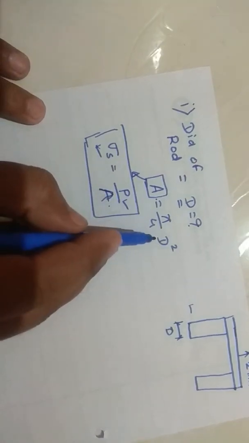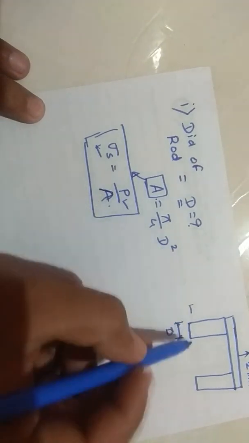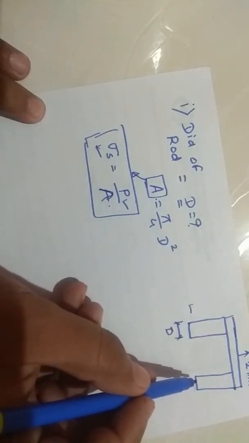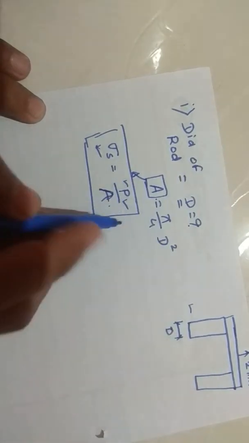Here we are going to find D, that is diameter for each rod. For that purpose we have to use P for each rod also.